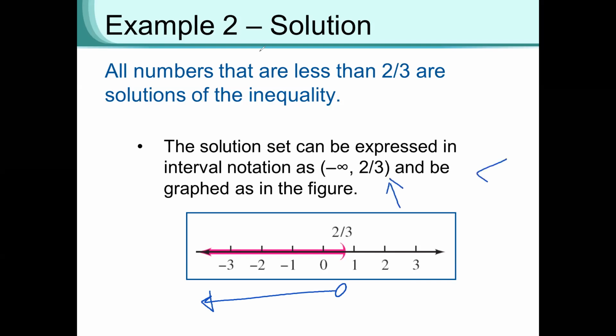If you had less than or equal to, then you would use a bracket. But this one is strictly less than, so you use parentheses. Parentheses are used whenever you have strict inequality, which means you don't have an equal sign underneath it.